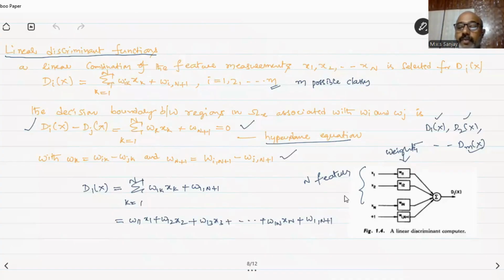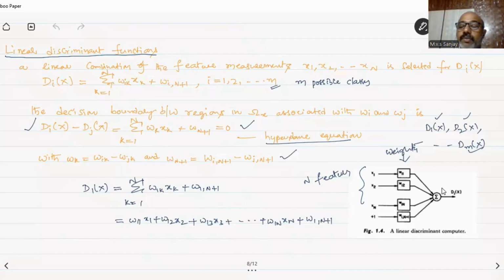Now, the below block diagram represents the linear discriminant computer. Here n features x1, x2, and so on, xn, plus 1 are fed to a discriminator system, where wi1, wi2, win, and win plus 1 are all weights. When linearly combined, these produce the discrimination function di of x.